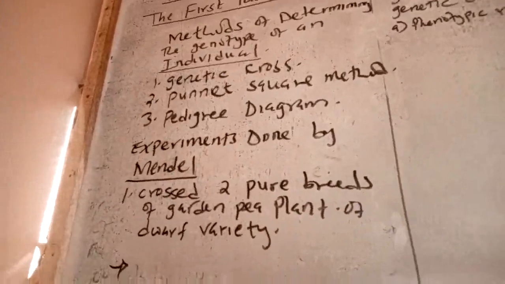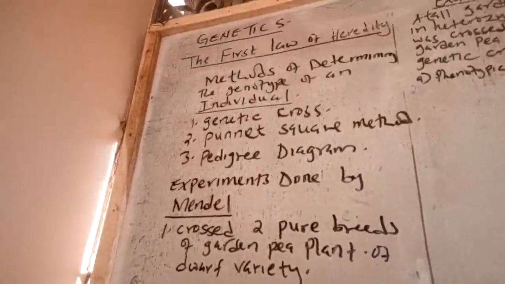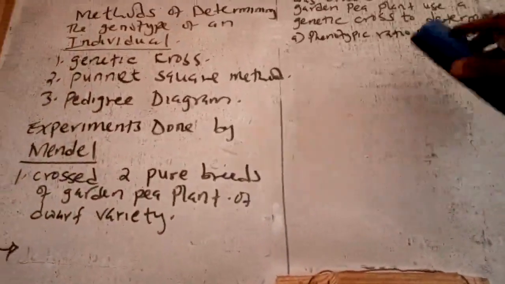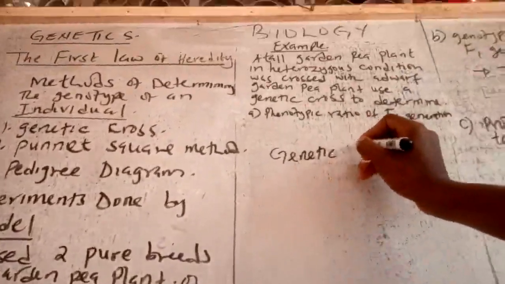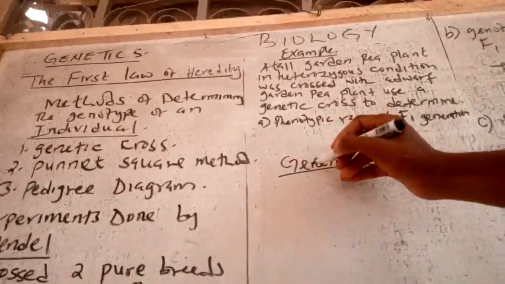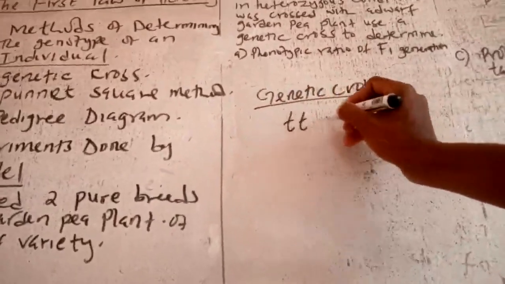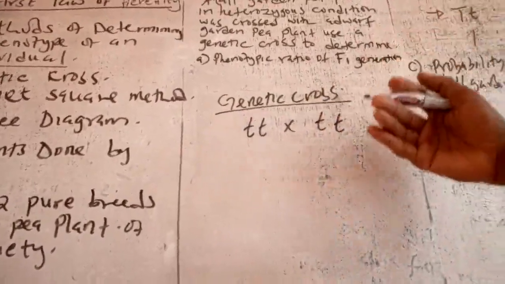And therefore, in his work, I can use a genetic cross to illustrate his work. In his work, he made a genetic cross between two dwarf garden pea plants.